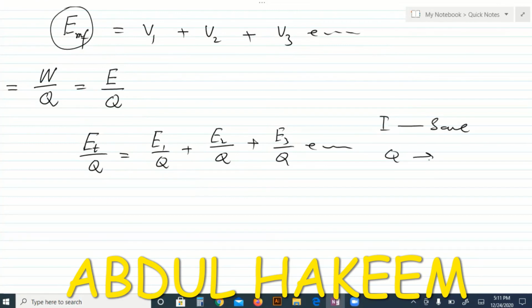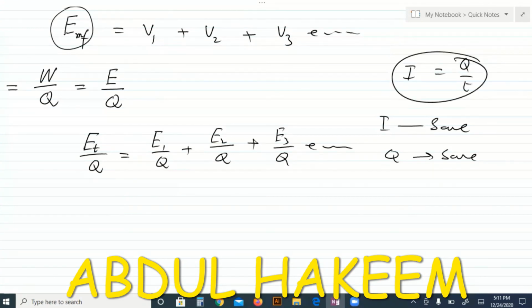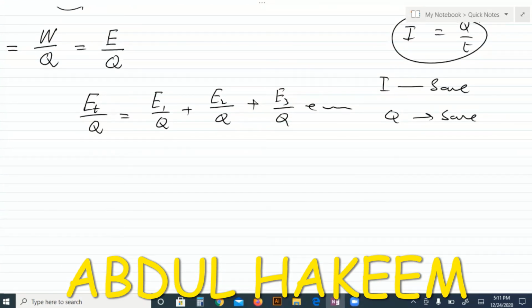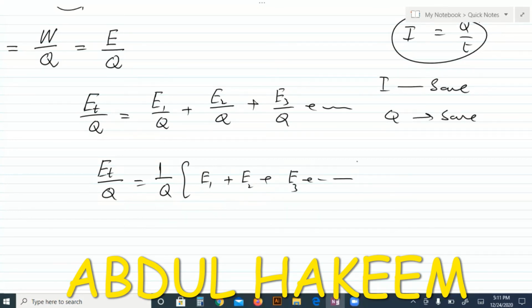So the charges are also same because I is equal to Q divided by T. So the total energy divided by charge, so 1 over charge is taken common, so it is E1, E2, E3, and so on.